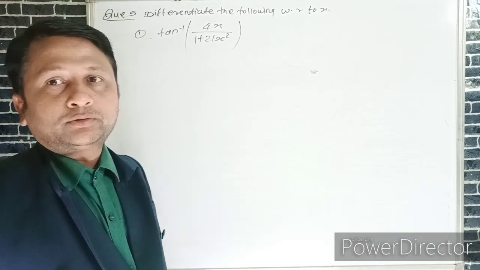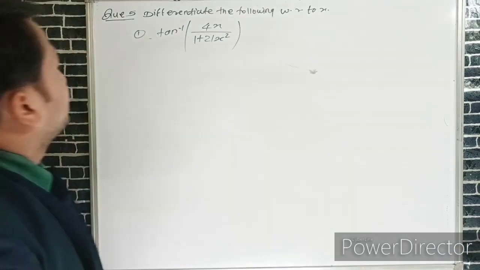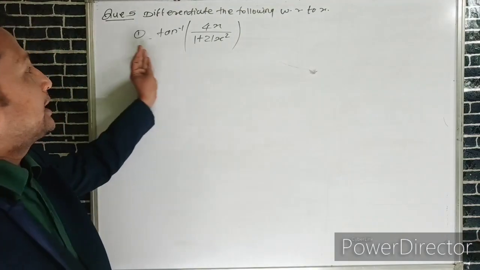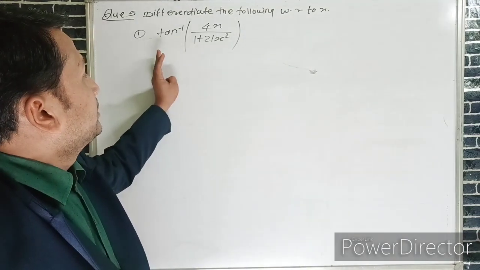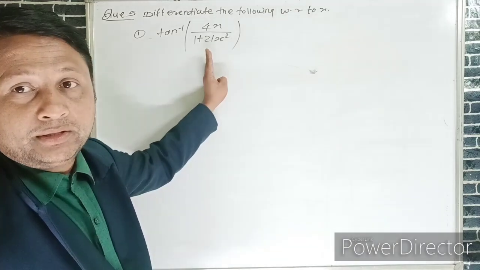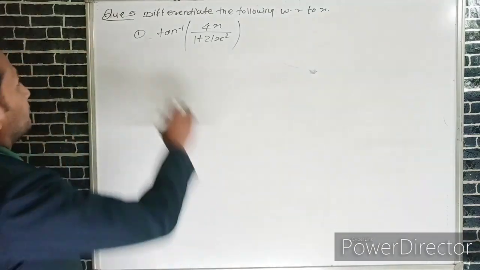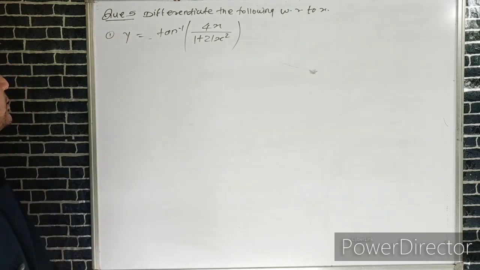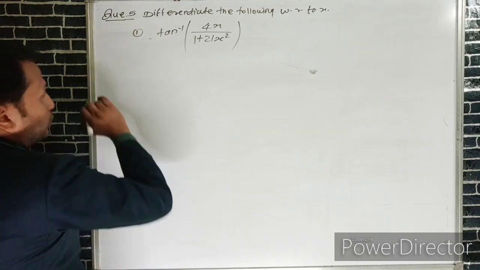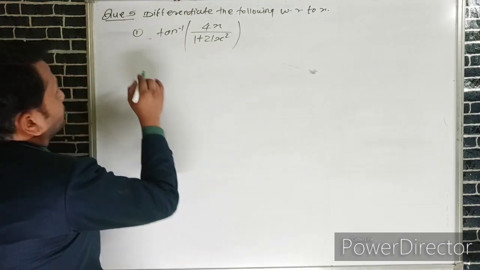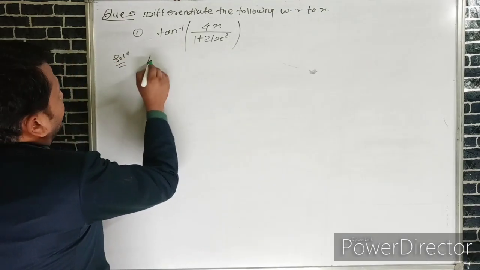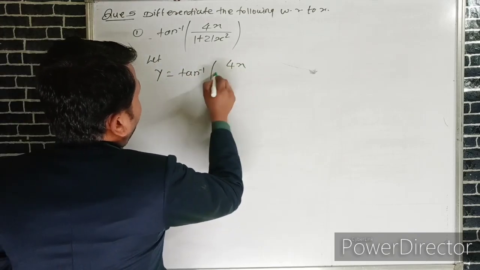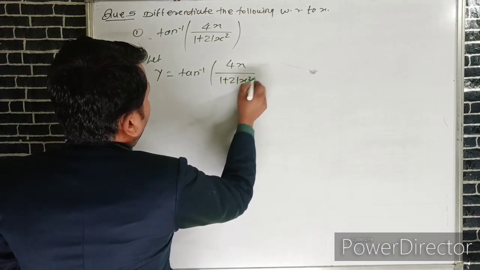Next question, question number 5: differentiate the following with respect to x. Here example number first is tan inverse of 4x upon 1 plus 21x square. First we consider the given function y is equal to tan inverse of 4x upon 1 plus 21x square.